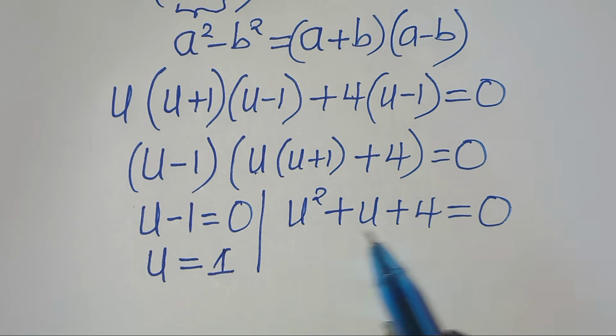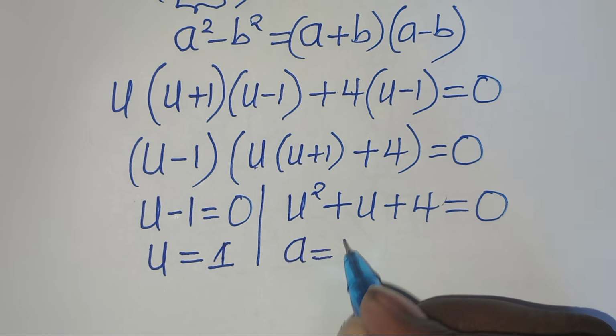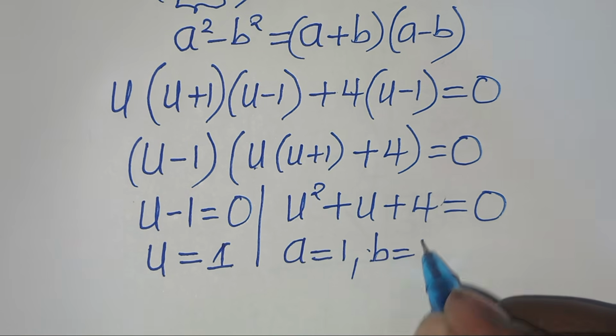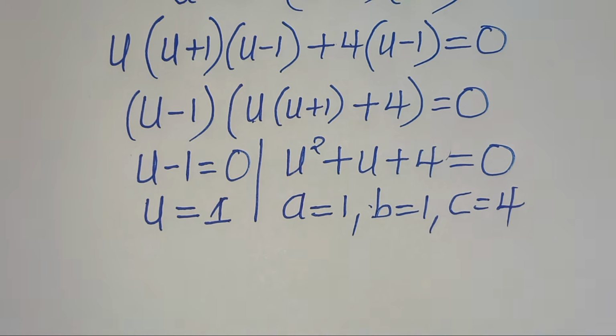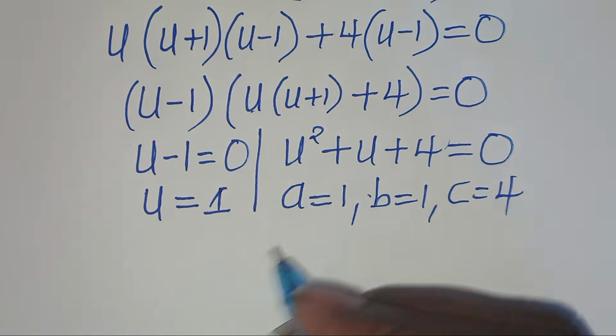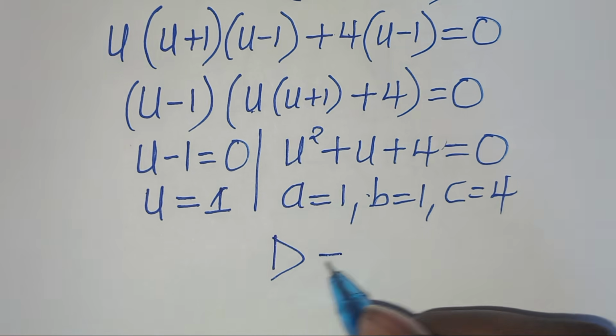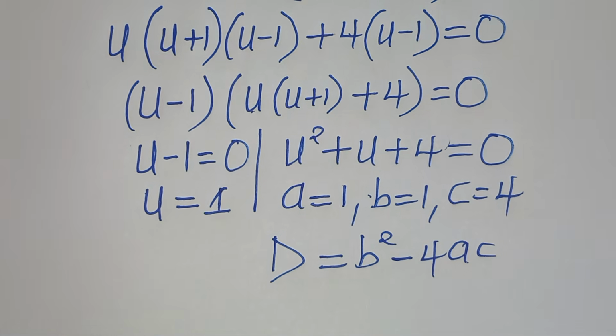The second part here is a quadratic equation where we have a is equal to 1, b is equal to 1, and c is equal to 4. So let's assess the nature of the roots of this quadratic equation by determining the discriminant value, which is b squared minus 4ac.